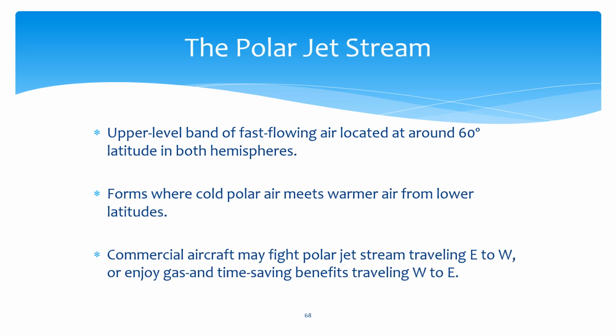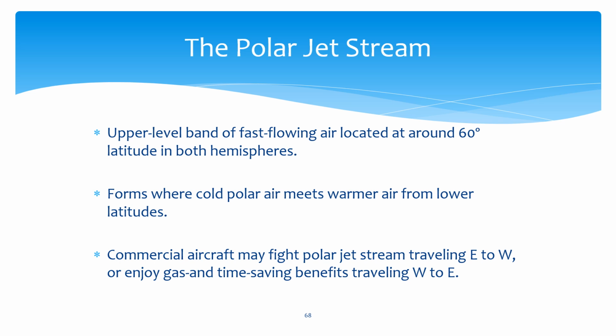Starting with the polar jet stream, not surprisingly, located near the poles at about 60 degrees north latitude and 60 degrees south latitude, we have these extremely fast-moving bands of air in the upper levels of the atmosphere.